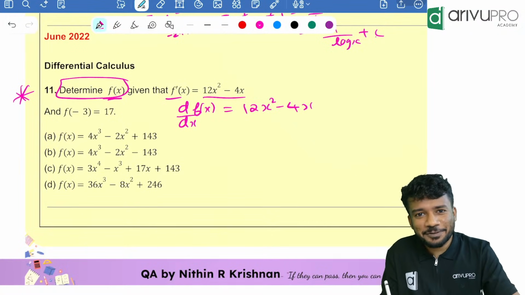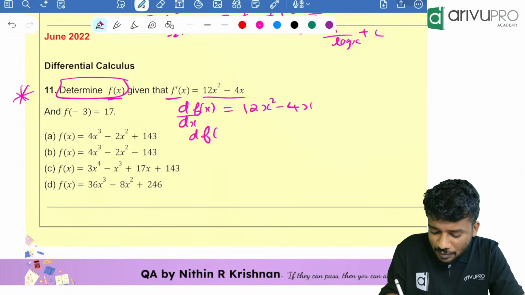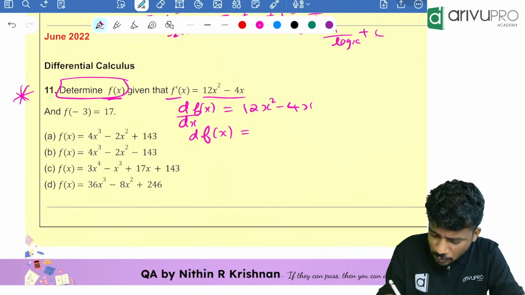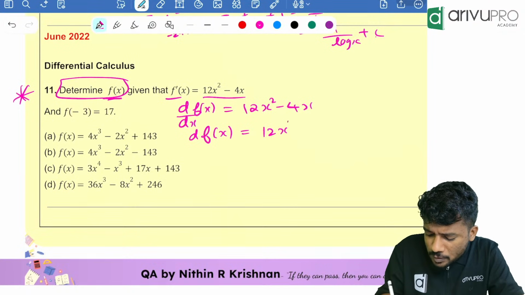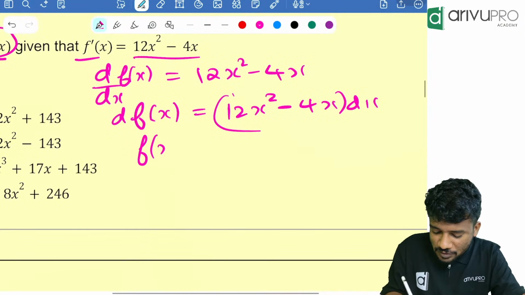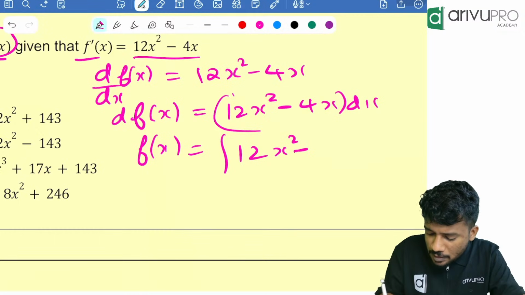Hi Haridas, hello, good morning. Now we need to cross multiply in order to find the derivative: d of f of x is equal to 12x square minus 4x dx. Correct? Now in order to find f of x, you will do what? Integrate. So f of x is equal to integral of 12x square minus 4x, the entire thing into dx.